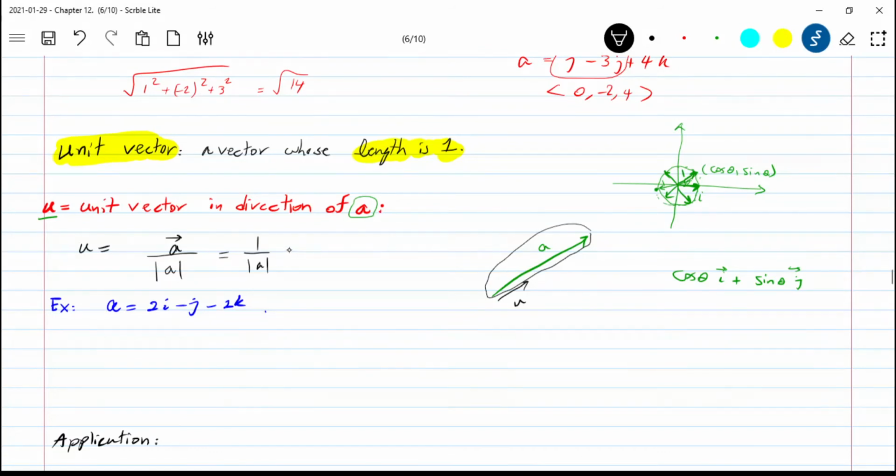Sometimes they write it this way, times A. For example here, A is 2i minus j minus 2k.